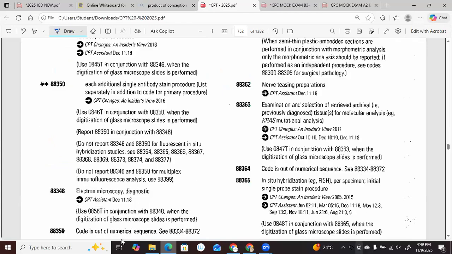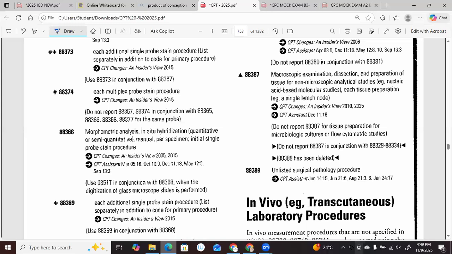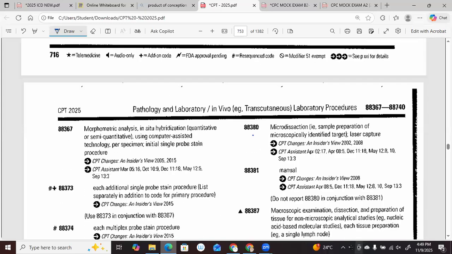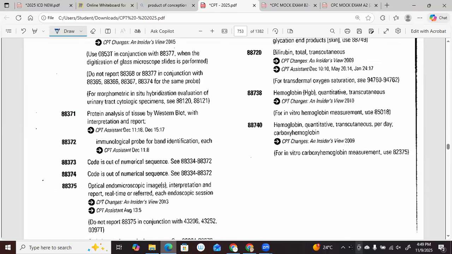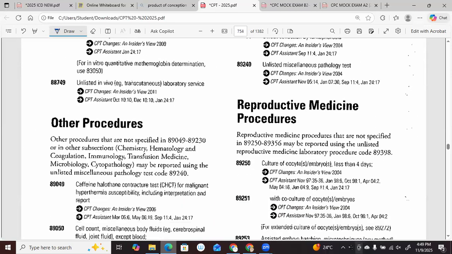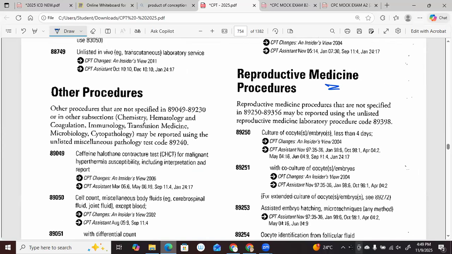Now let's see if we have anything important after this. These are the codes for microdissection, which we need to bill with the DNA and microscopic codes if microdissection has been performed before the cell lysis. This section is for the reproductive medicine procedures.